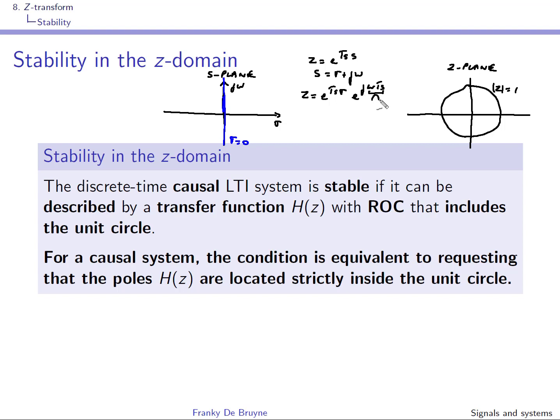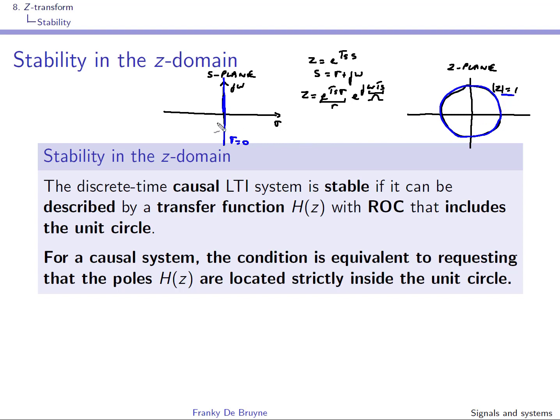This will be capital Omega, the discrete frequency, and this will be r. So you can see here that this axis, the j omega axis, the axis sigma equal to 0, will be mapped to the unit circle. This is the modulus of z equal to 1.